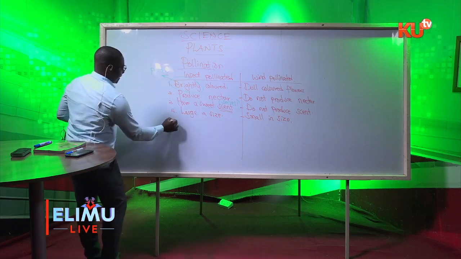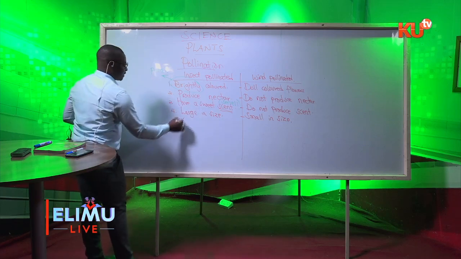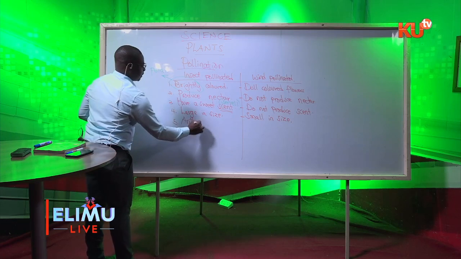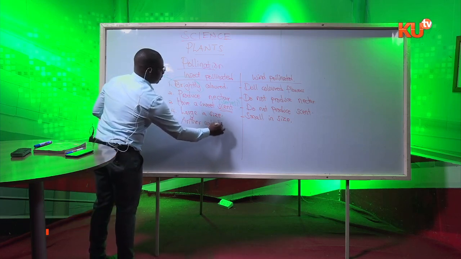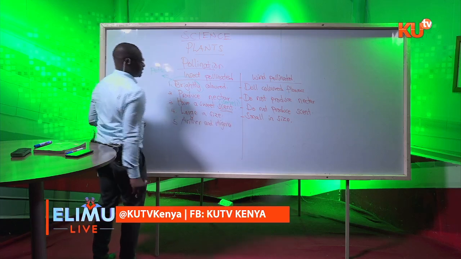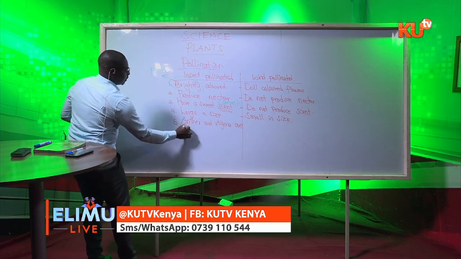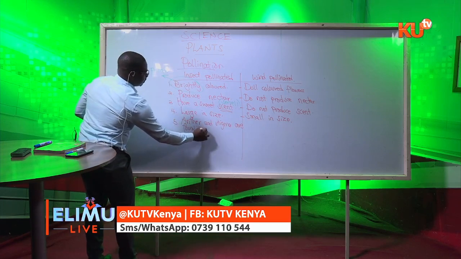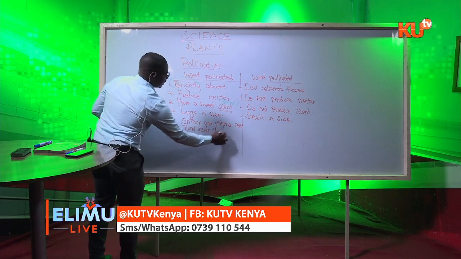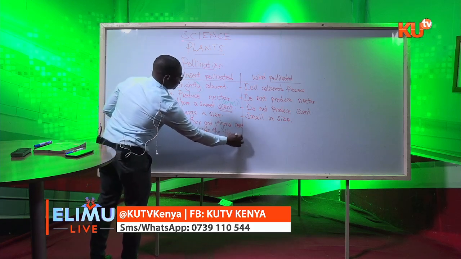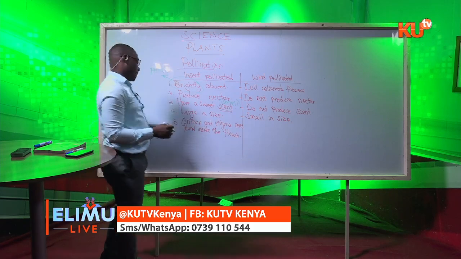Number five, the anthers and stigma. The anthers and the stigma are found inside the flower.